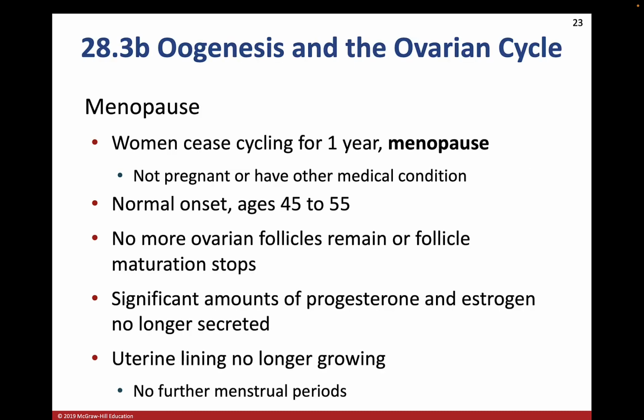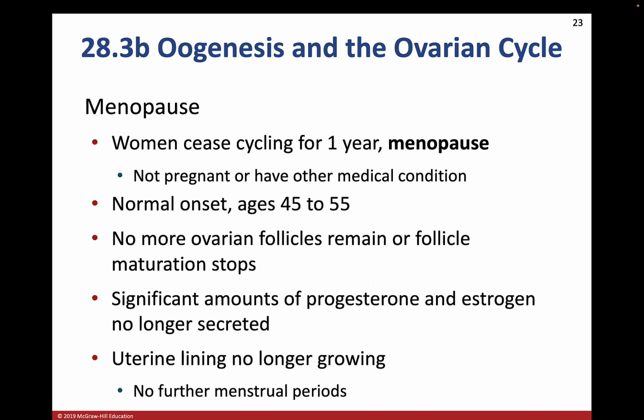Now, menopause is what occurs when women cease cycling for an entire year. They are not pregnant or have any other medical condition. They are just no longer cycling. The onset of menopause can vary, but typically it occurs around 45 to 55. At this time, there are no more ovarian follicles, so there are no follicles to mature.